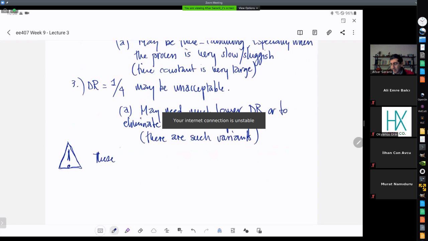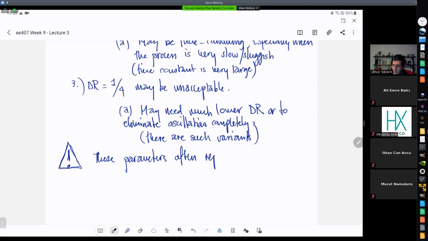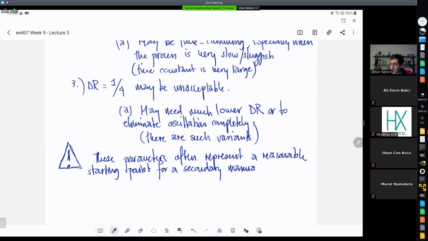These parameters often represent a reasonable starting point for, we may say, a secondary tuning, manual tuning, to get the desired performance.